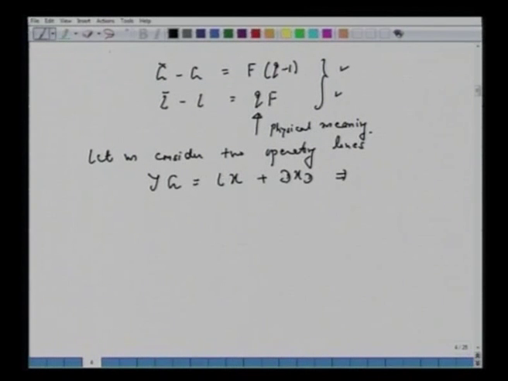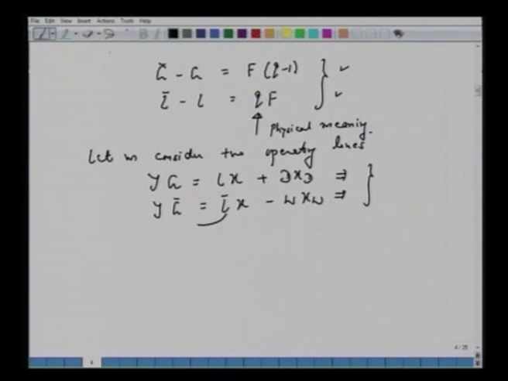Okay. So it's a different way of writing this. So this is the operating line equation for enriching section, and we can also write the operating line equation for the stripping section as Y G bar equal to L bar x minus W xW. All right. So again here, earlier we wrote y as L bar by G bar x.